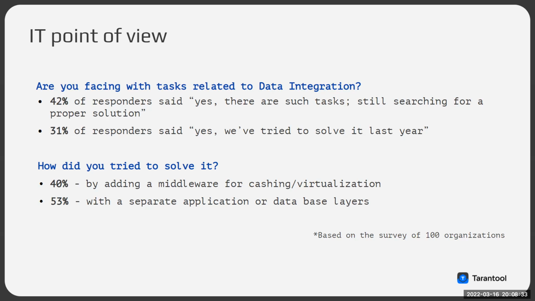The main question was whether they faced different types of tasks related to data integration. What does it mean? We're not talking about peer-to-peer integration of different systems. We are talking about consolidation of data from different resources in order to have it up to date and ready, in order to run services on top of that. As you may see, most of them are really faced with this, and most of them really tried to solve it during the last year, one year ago.